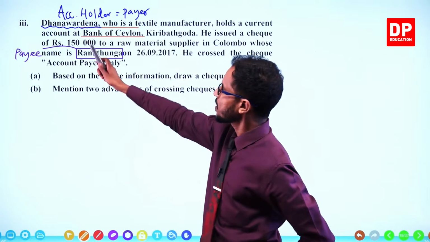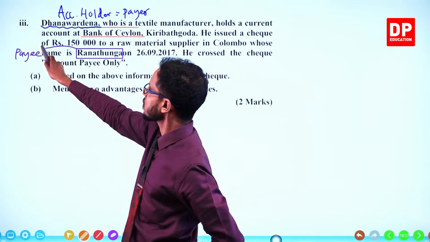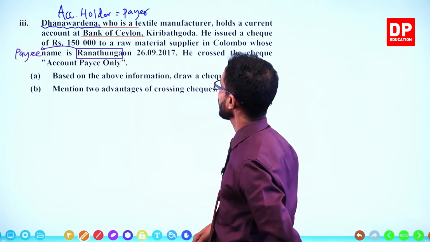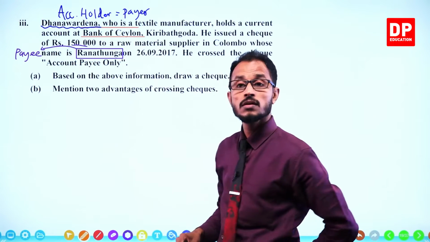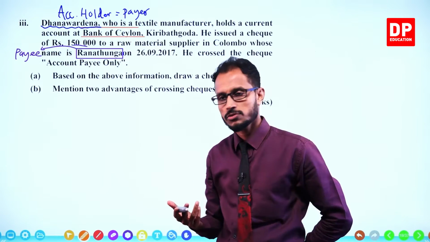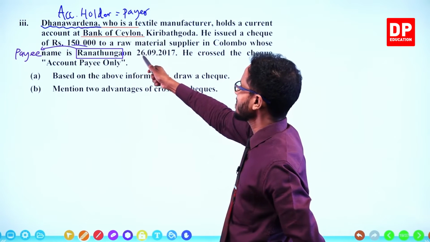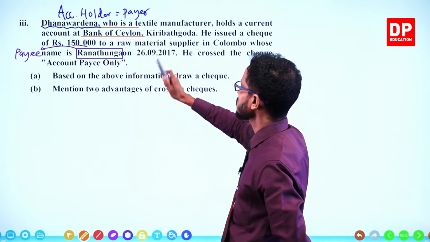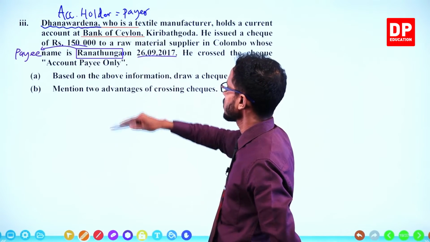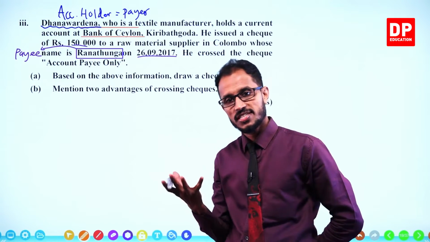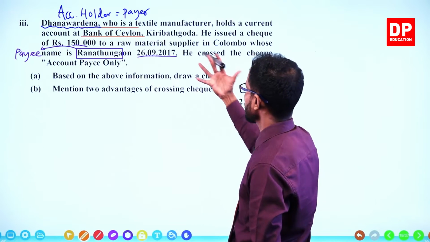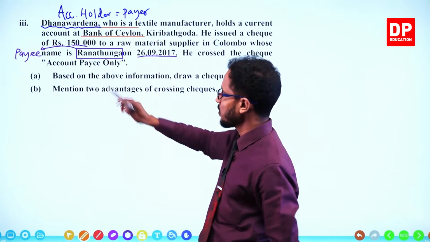Payee name is Ranatunga. Amount is 1,50,000. The date is given as 26th September 2017. He crossed the check, account pay only.